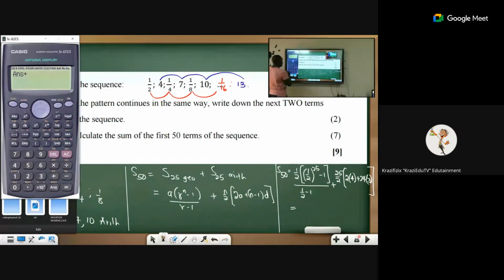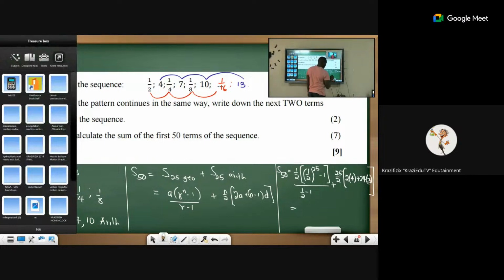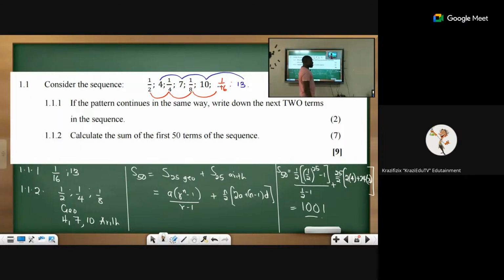Plus, what do I have? 25 over 2, 2a, 2 times 4, which is 8, plus 24 times 3. 1001. Beautiful. And that's why it's 7 marks. Your ability to see that it's a geometric and an arithmetic.